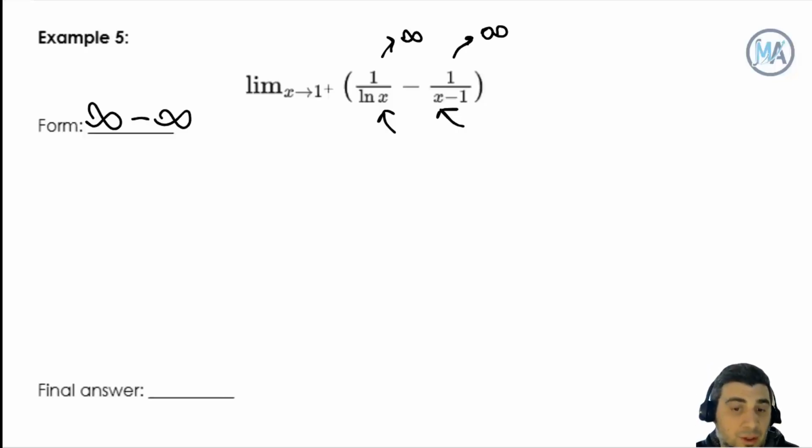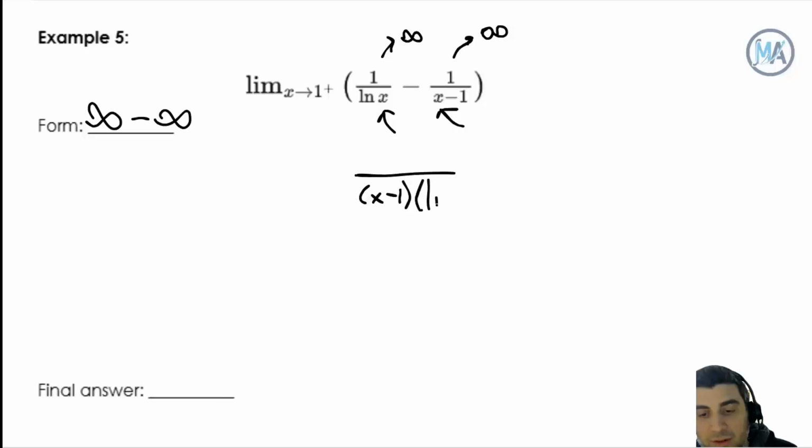The strategy for this one, we want to get it as a fraction. We don't want to multiply by the conjugate, but since we have two fractions being subtracted, we can use a common denominator. So our common denominator in this case would be x minus 1 times natural log x. And then if we cross multiply, you would have x minus 1 minus natural log x.